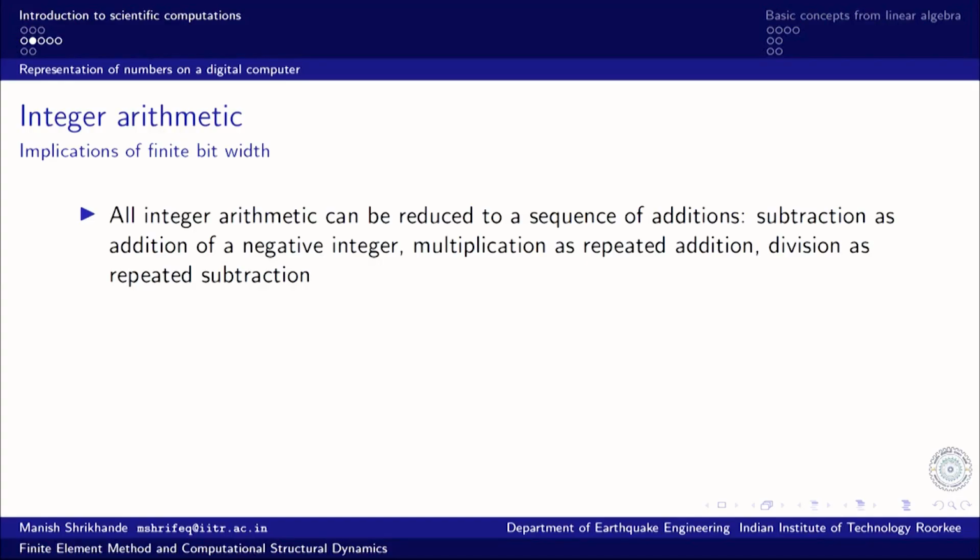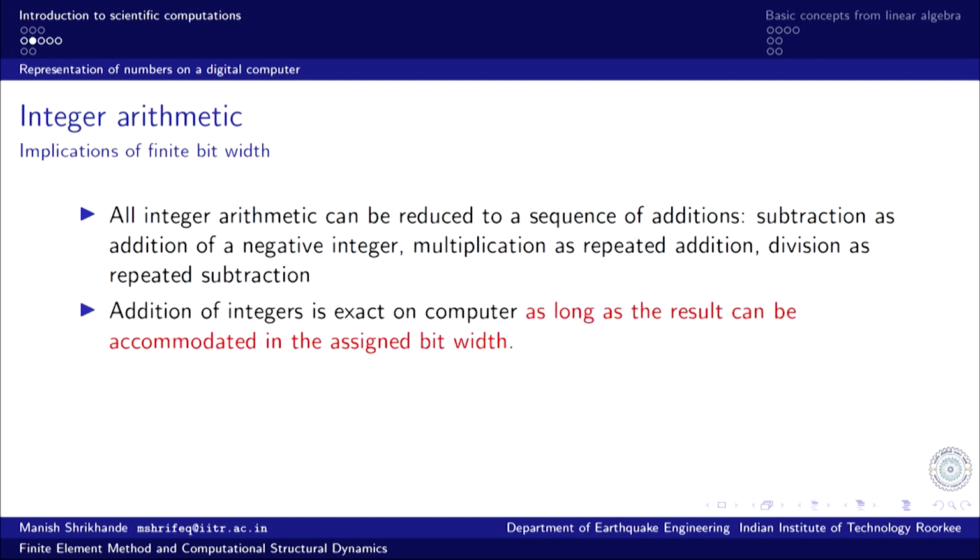So, the basic operation of all integer arithmetic can be reduced to a sequence of additions. Subtraction between two integers can be considered as addition of a negative integer to another integer. Multiplication can be represented as repeated additions, and division as repeated subtraction, and that actually allows us to build a computer with just addition.